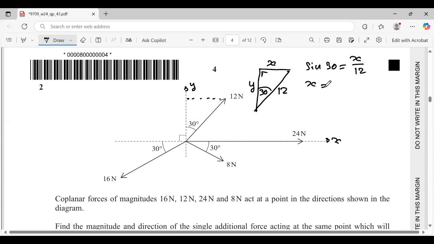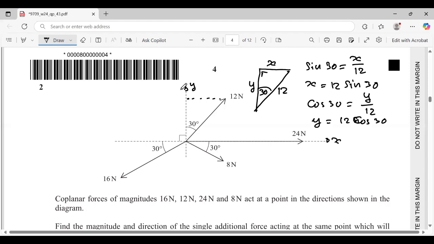So the component x equals 12 sine 30. And cosine 30 equals y over 12, so y equals 12 cosine 30.